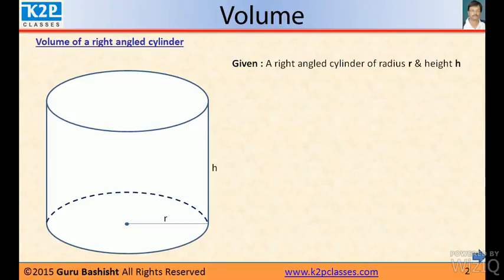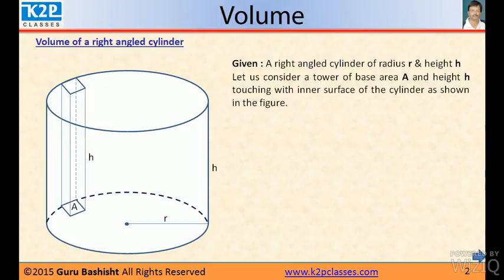Now, let us find out volume of a right angled cylinder. Here, given a right angled cylinder of radius r and height h. Let us consider a tower of base area A and height h touching with inner surface of the cylinder as shown in the figure.